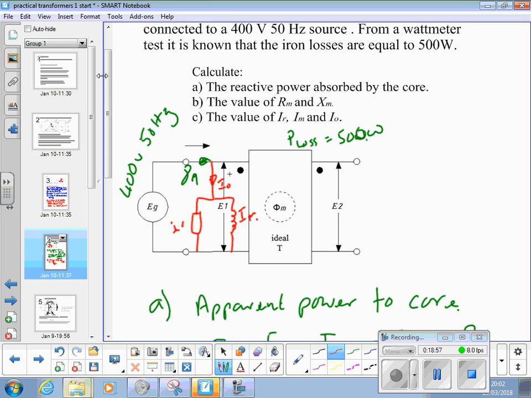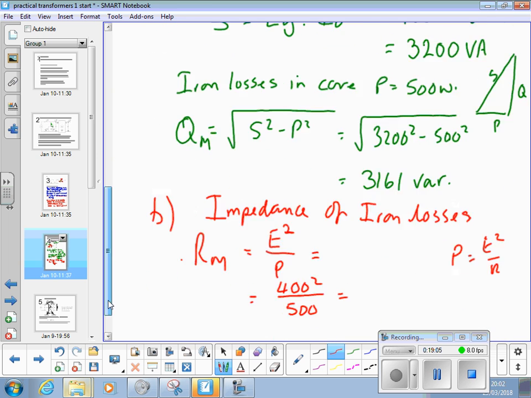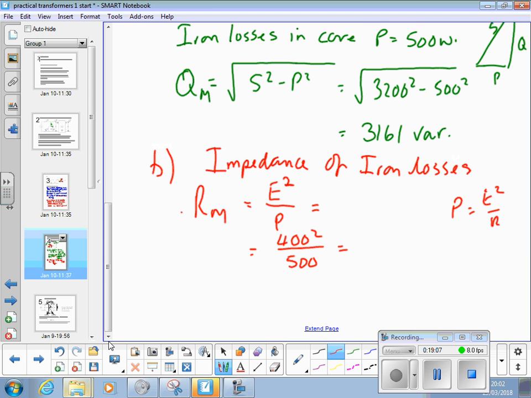So you've got that 400 volts across both the resistance and the reactance. Agree now? So that's 400 squared over 500. I got 320 ohms. Had me worried there for a minute that I got a major mistake in my notes.